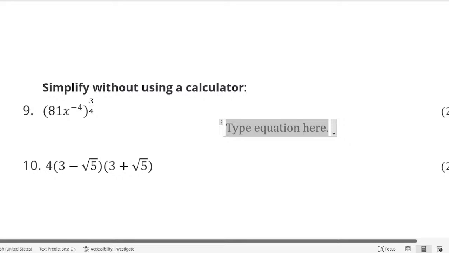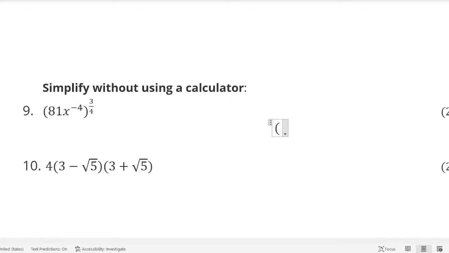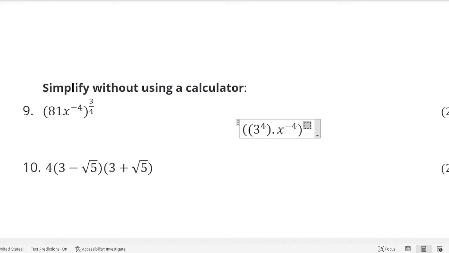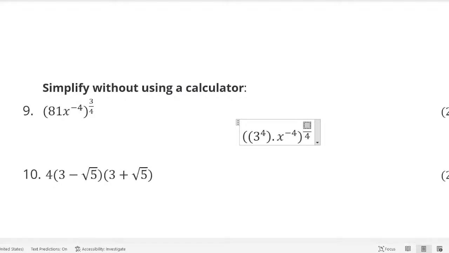So here we'll have open brackets, 3 to the power 4, into x multiplied by x multiplied by x to the power negative 4, then into all to the power 3/4.